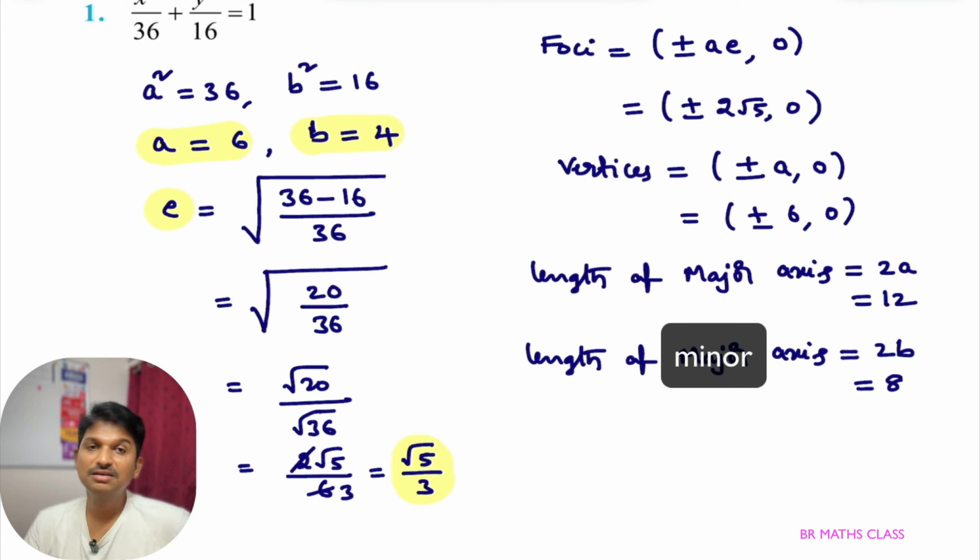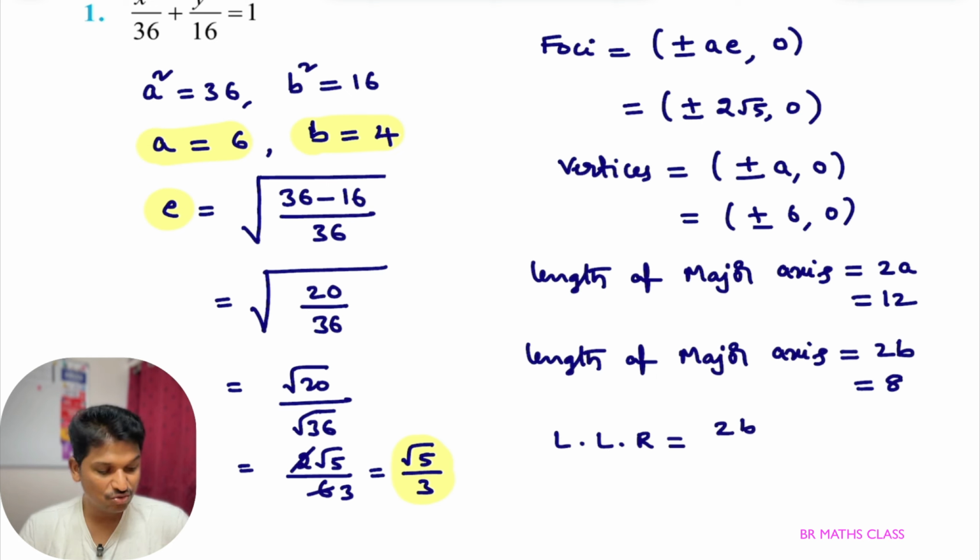Okay. Next, they are asking us to calculate eccentricity. We already calculated eccentricity. It is root 5 divided by 3. Next one is length of latus rectum. LLR means length of latus rectum. Its formula in the first type is 2b square divided by a.